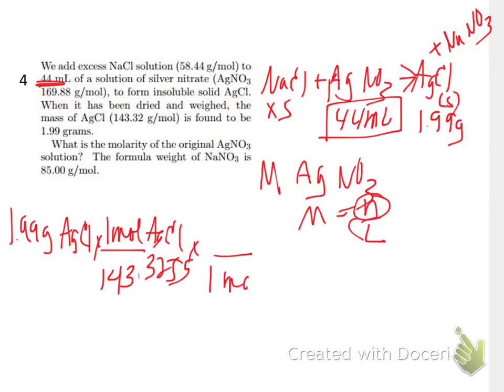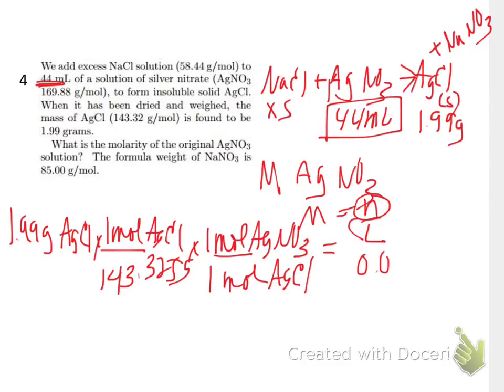And that 1 mole of silver chloride comes from 1 mole of silver nitrate. So if I punch this, what I get is 0.01389 moles of silver nitrate.